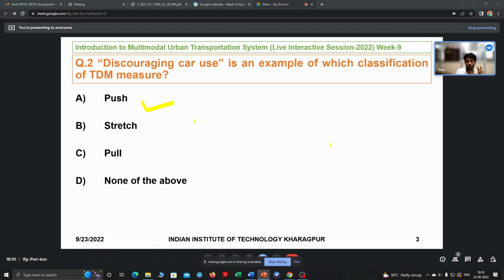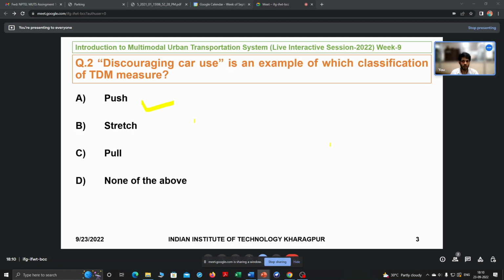Also you can argue that if you are attracting passengers towards public transport, suppose you have built a new metro line, right? Automatically you can imagine that people will be attracted to that metro. If the metro is fast, reliable, and travel time is shorter, maybe some of the people may not use their private mode of transport. It may happen, it's an induced effect. But still, you are not penalizing your private mode of transport, right?